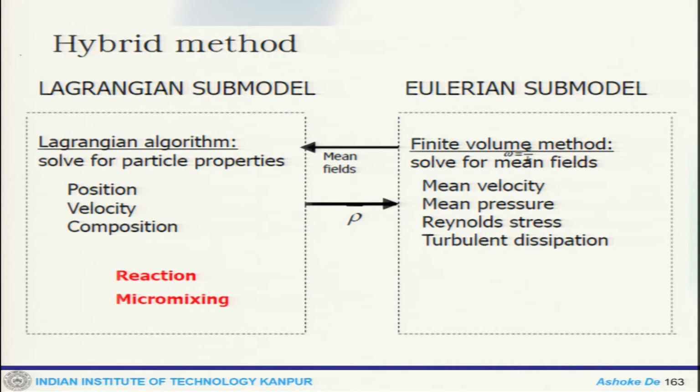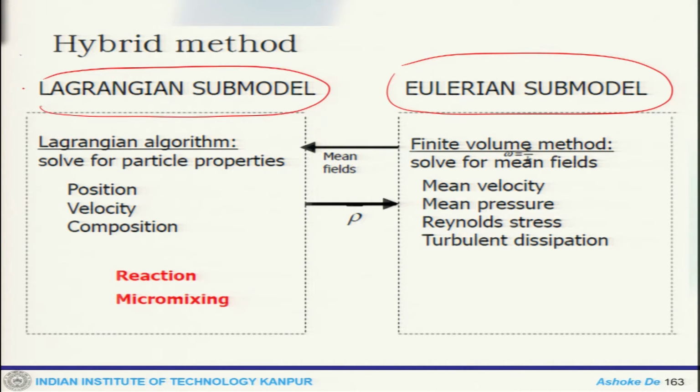That means you have the Eulerian solver, where you solve mean flow fields in the Eulerian framework, and then you go to the Lagrangian solver, where you solve the particles. So, here you solve for mean velocity, pressure, stress, turbulent dissipation, and this mean information you pass to the Lagrangian, where you solve for position, velocity, composition with the impact of reaction and micro-mixing.